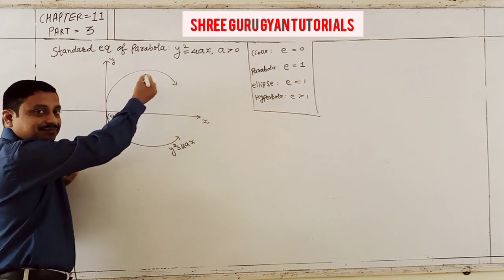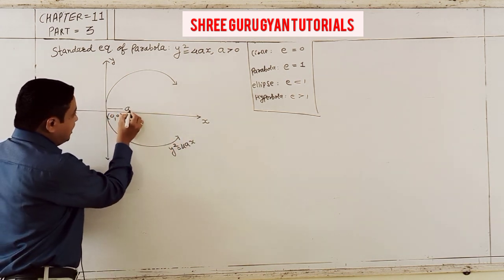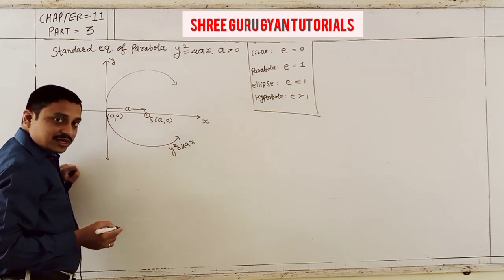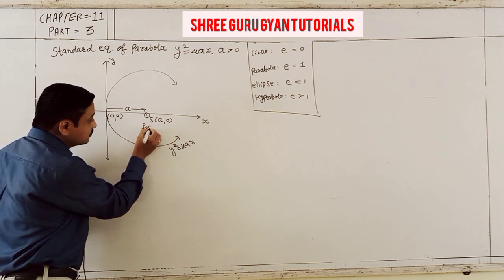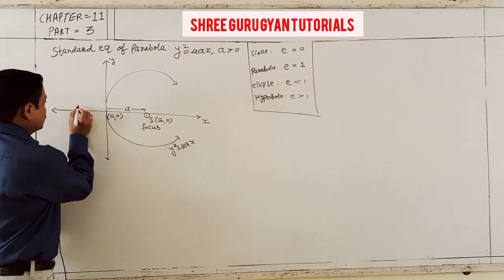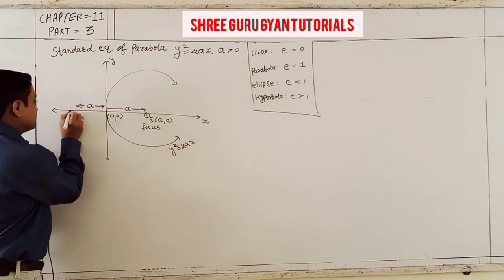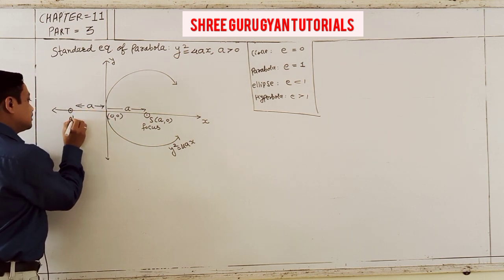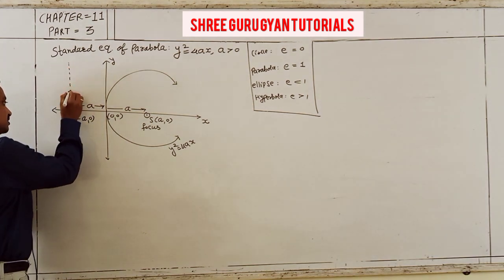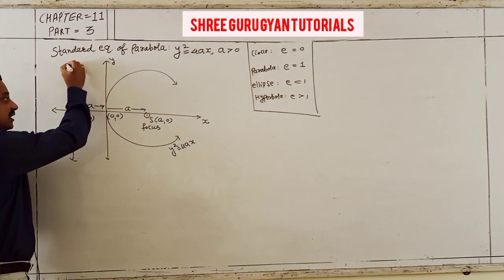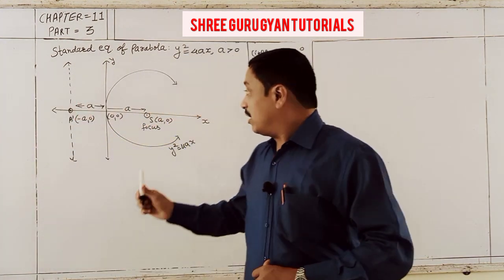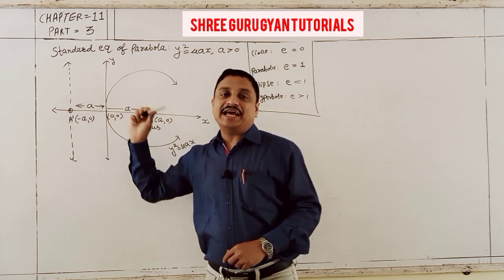Traveling some distance a from the origin, that is the point (a, 0), and that is your focus S. The same distance in the opposite direction from the origin gives the point (minus a, 0), and here you make a straight line, which is called your directrix, opposite to the focus side.